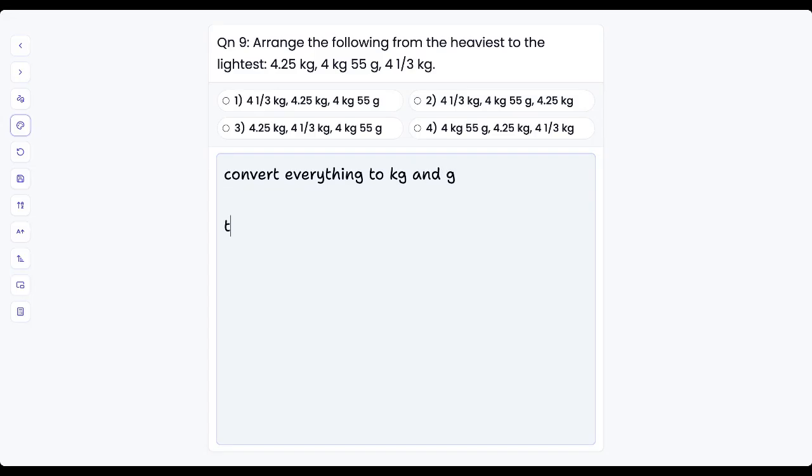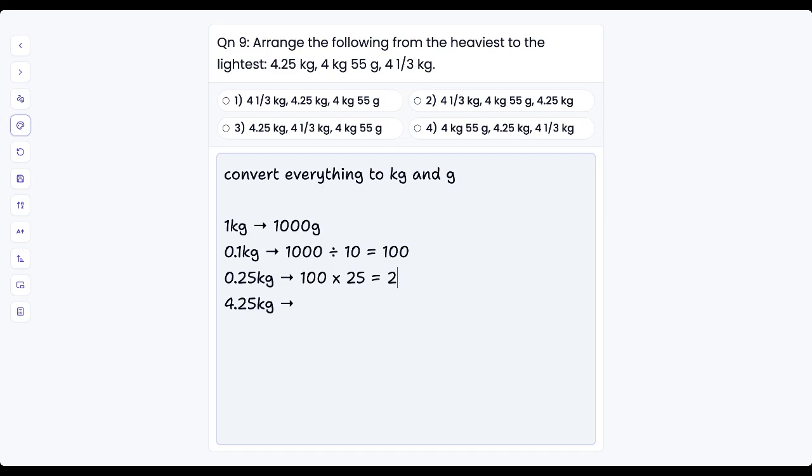For 4.25 kilograms, we know that 1 kilogram is equal to 1000 grams. So 0.1 kilogram is equal to 1000 divided by 10, which is 100 grams. So 0.25 kilograms is equal to 100 times 25, equal to 2500.